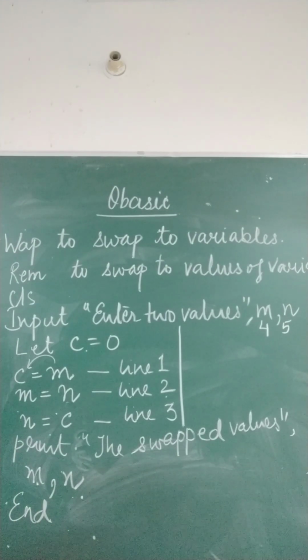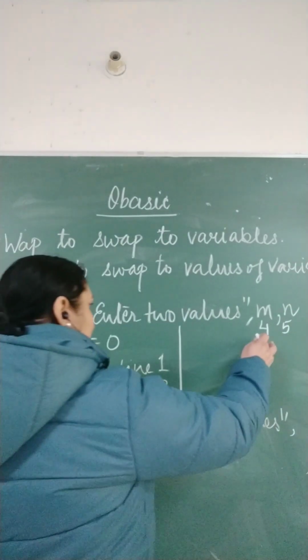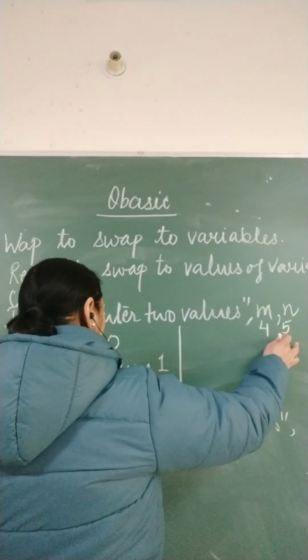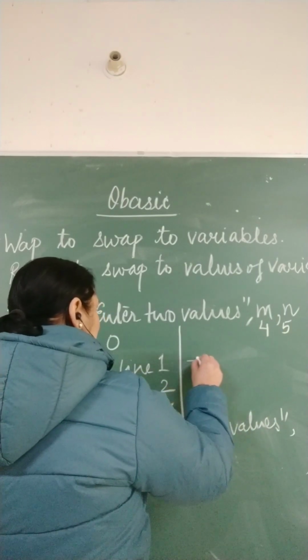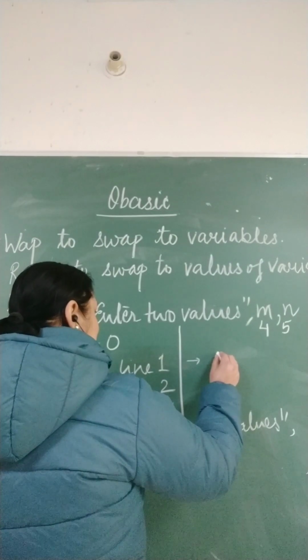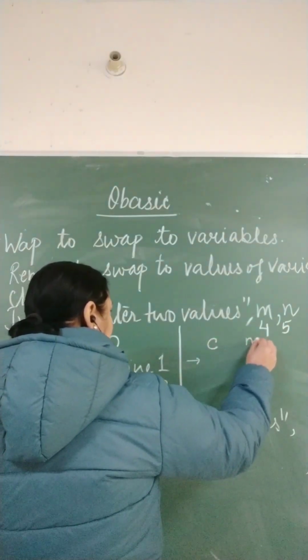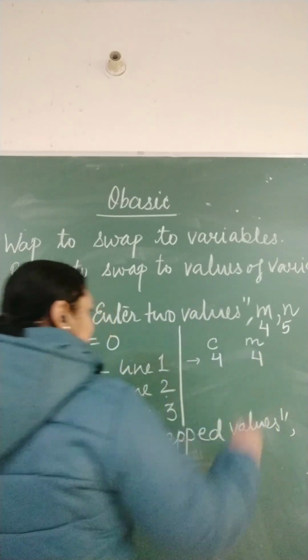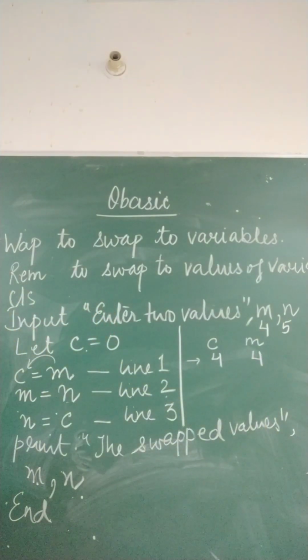So suppose I have entered 4 for m and 5 for n. In this particular line, means line number 1, c holds value 4 and m holds value 4. Am I clear? Right.